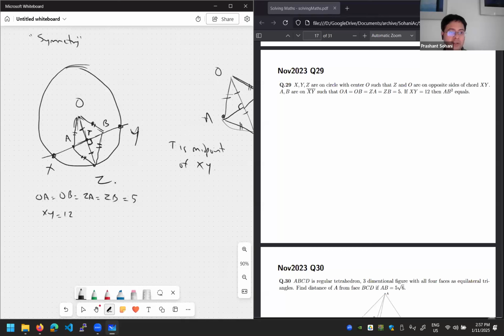Okay, T has to lie halfway between X and Y. It is a theorem also that if the line is perpendicular, then it passes through the midpoint. This is a theorem which you already know. So in either way, even if you don't know the proof, you can prove it also. It is not difficult. So therefore, basically what it means is that XY is 12. So half of that, XT, will be 6, right? Okay, so I know this length is 6.